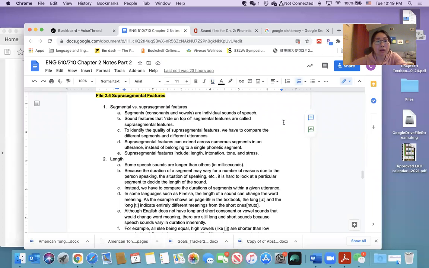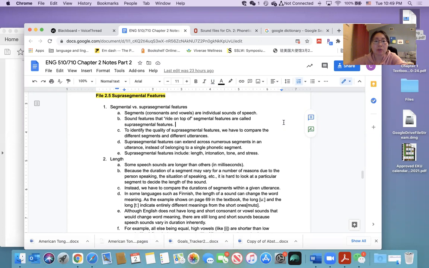Okay. File 2.5 talks about suprasegmental features. The difference between segmental and suprasegmental features basically is, are you talking about a single sound or a segment, or are you talking about a feature that's residing on top of the segment? Segments are consonants and vowels. They are individual sounds of speech.